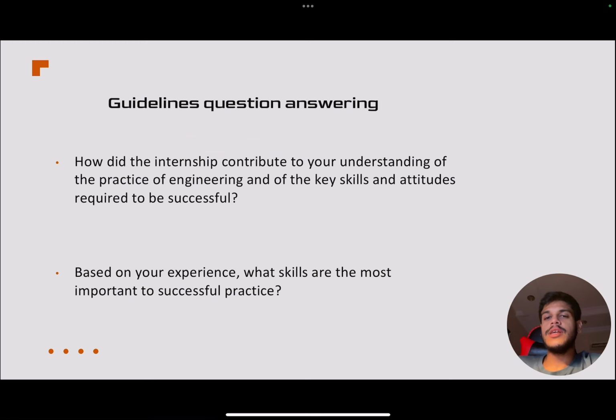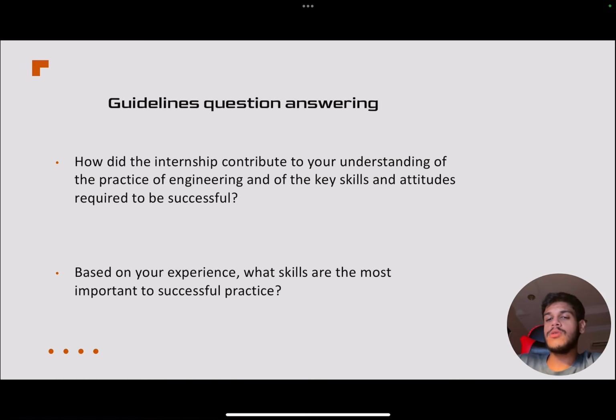Guideline question answering: how did the internship contribute to your understanding of the practice of engineering and of the key skills that you would require to be successful? I believe the internship helped me a lot in understanding the major things that an engineer needs to understand, and seeing how field engineers work and the workflow for engineers in Saudi Aramco helped me a lot.